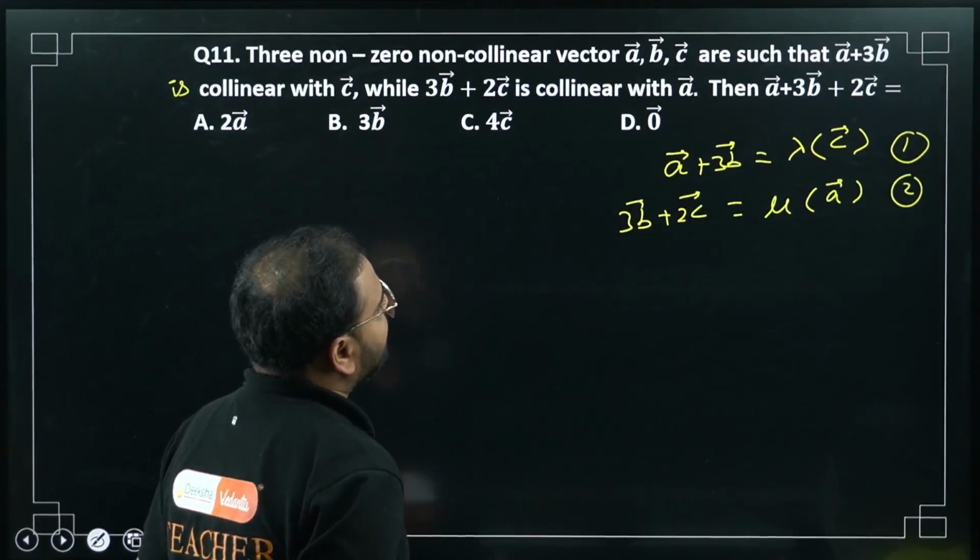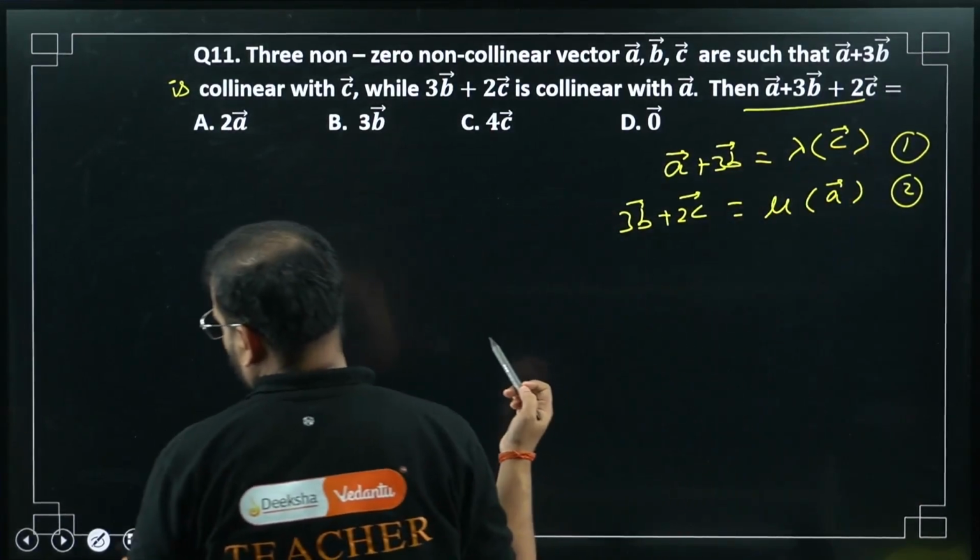Now what are they asking? A plus 3B plus 2C equals how much?